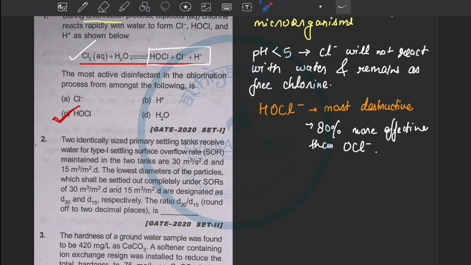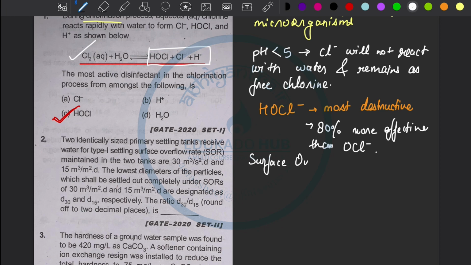Now they are talking about the main thing, that is surface overflow rate. So we should first of all know what surface overflow rate is.